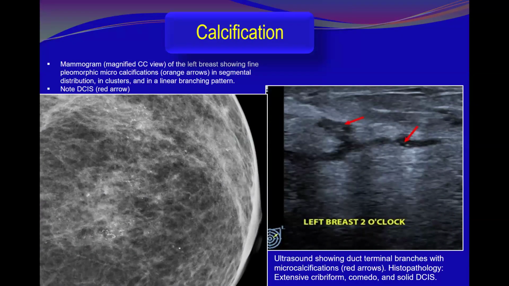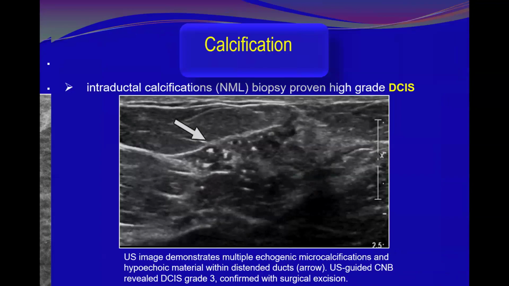And this example is also from literature. Here we can see segmental powder-like, faint or fine calcification, but being segmental, it is suspicious, and corresponding ultrasound demonstrates irregular ductal dilatation with intraductal fine calcification in a case of solid DCIS.